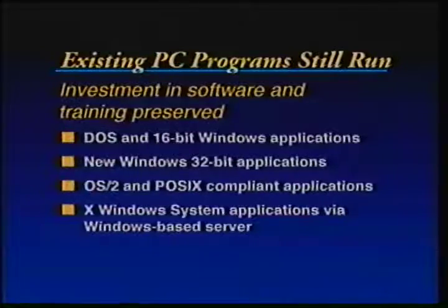You also will be able to run new Windows 32-bit applications. These are going to be the applications that take the most advantage of Windows NT and give you the greatest performance. In addition, you'll be able to run applications written for OS/2 and POSIX. Although, as we'll see in a little while, the OS/2 and POSIX support are fairly weak at this point.